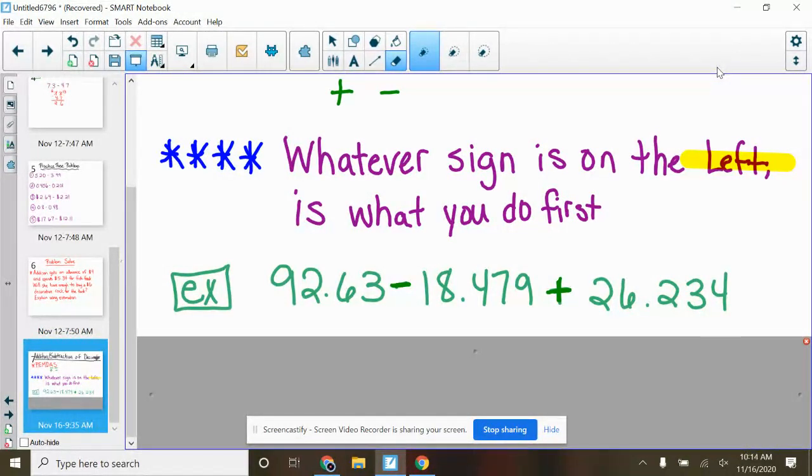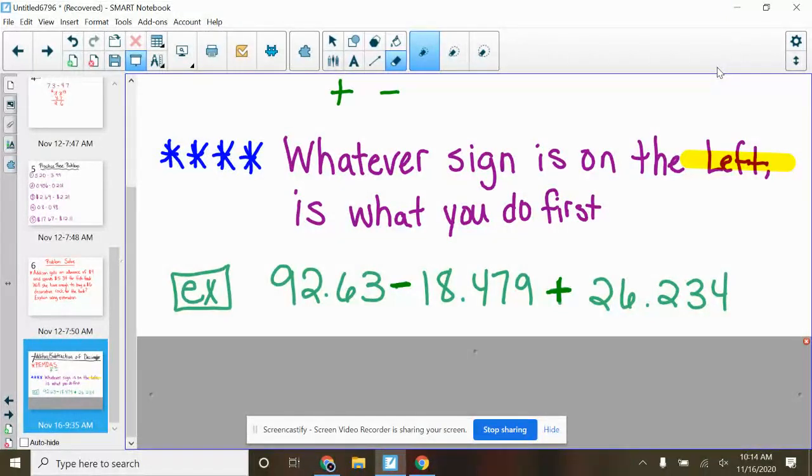Do you see that? That's real important, because if you're not able to see the side that the sign is on, then you're going to be trapped from the very start. But you have to look at that like a sentence. There's stuff on the left side of this sentence and there's stuff on the right. The stuff on the left is what we do first.